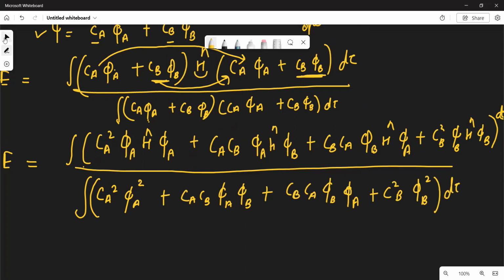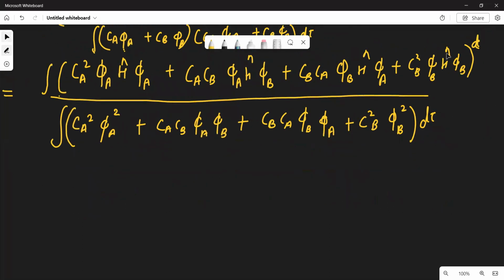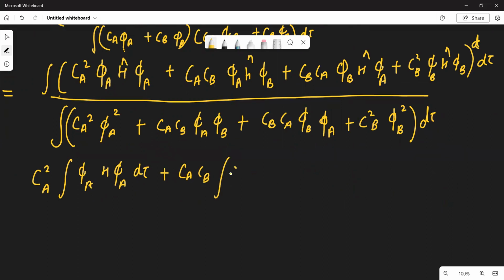Now we will separate each integral here. Every C term is a constant, so we can write it outside of the integration sign. I will write the first integral as phi A H phi A d tau, and the second integral as Ca Cb outside the integration sign, the rest of the term will be same.